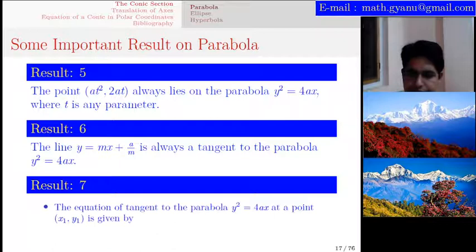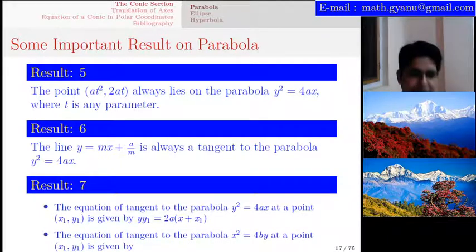Result 7: the equation of the tangent to the parabola y square equal to 4ax at a point (x1, y1) is given by y y1 equal to 2a times (x plus x1).